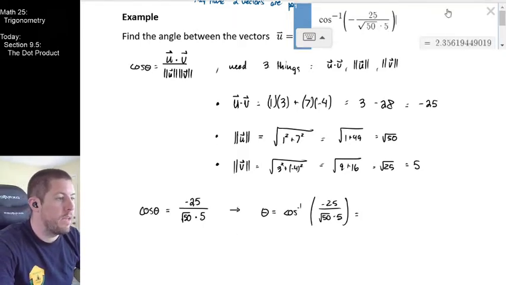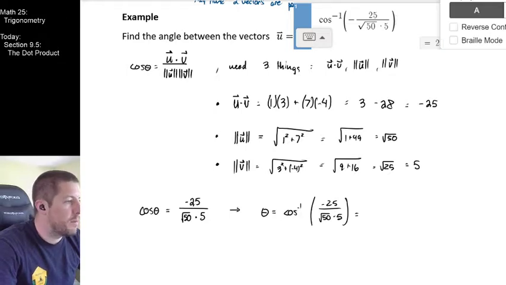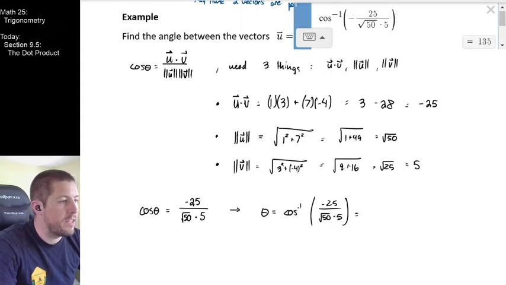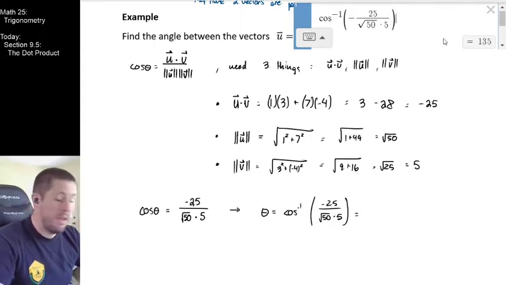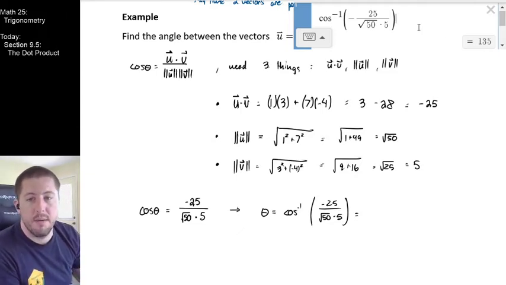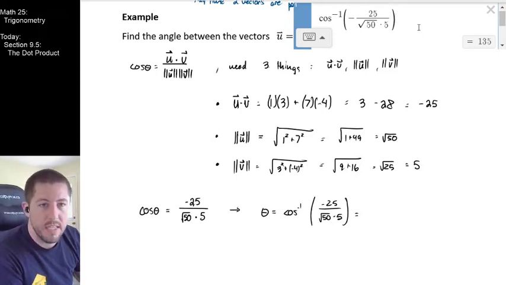Let me double check and make sure I'm in degrees for this. Oh wow, oh my gosh, did I really pick something that nice? I literally just randomly selected numbers here. It looks like I picked something that worked out really, really nicely.